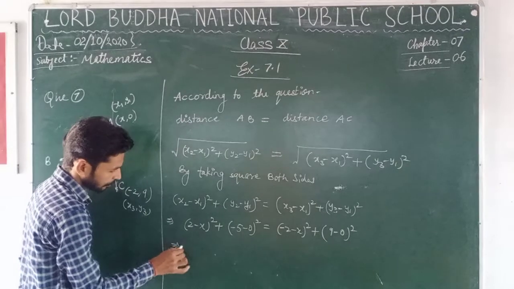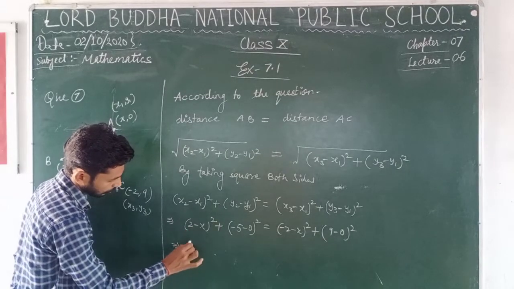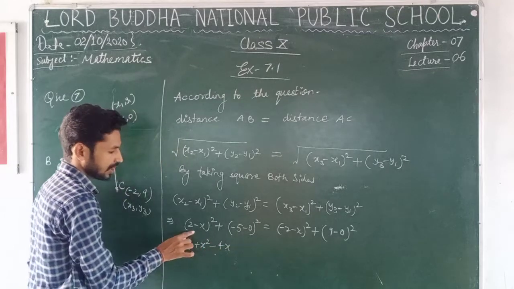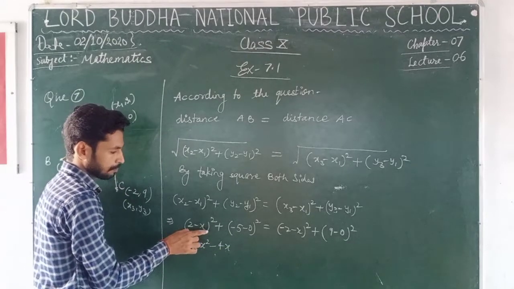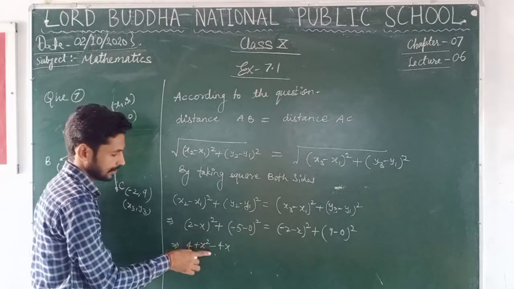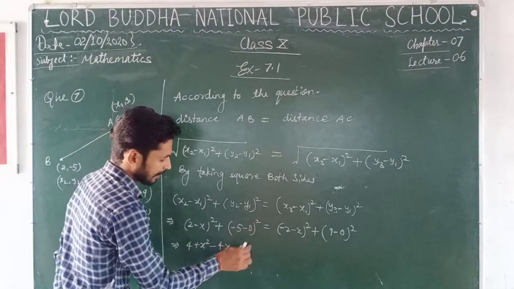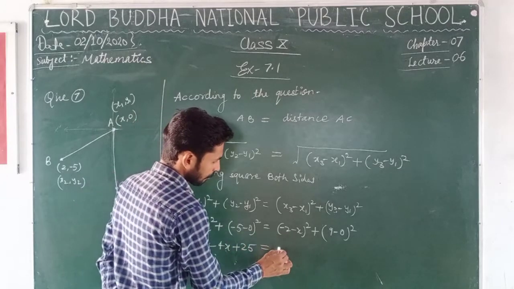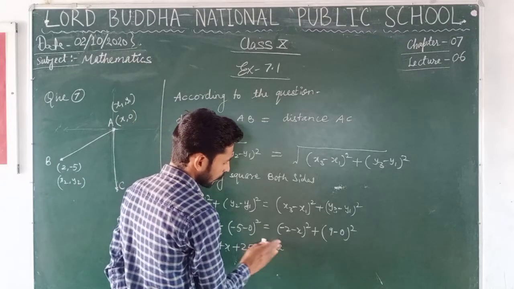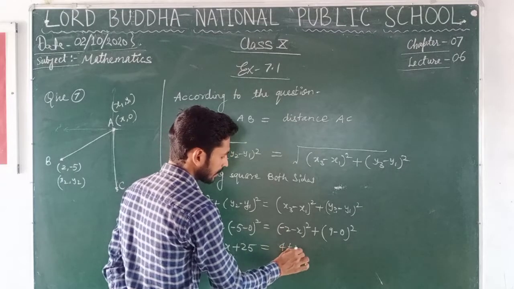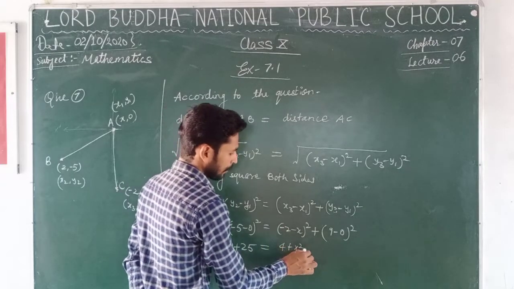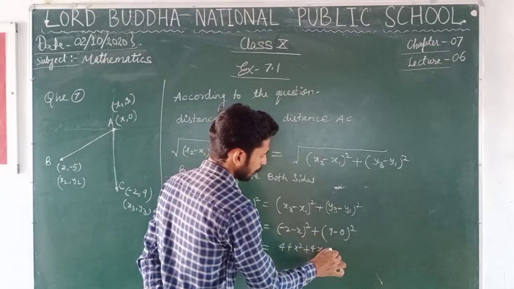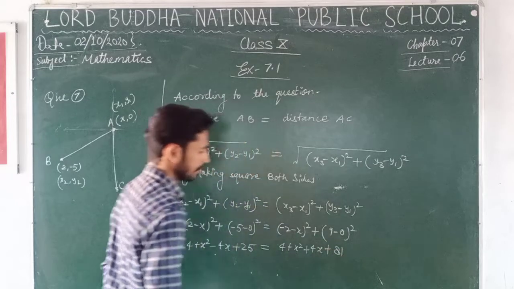That will be (2 minus x) whole square, which expands to 4 plus x square minus 4x. Minus 5 whole square is plus 25, equal to 4 plus x square plus 4x plus 81.